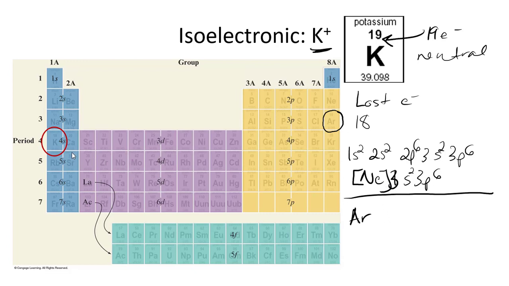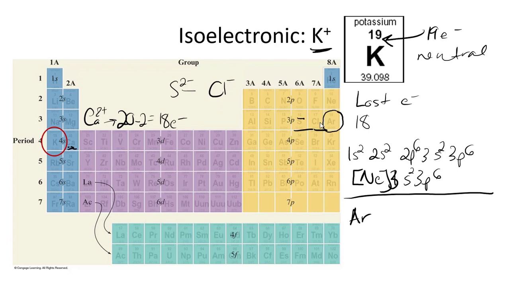Anything else? Absolutely. What else? What about calcium? If calcium is 2+, how many electrons does it have? It has 20 minus 2 electrons, which gives it 18 electrons. So it's also isoelectronic with argon. What about sulfur ions or chlorine ions? Both of these also have 18 electrons because sulfur had 16 and then it gained 2 electrons to become 18.